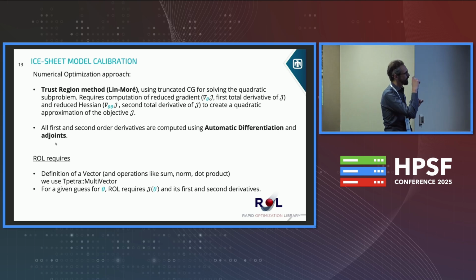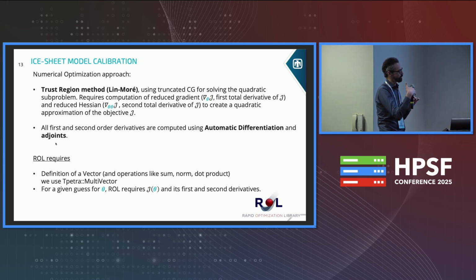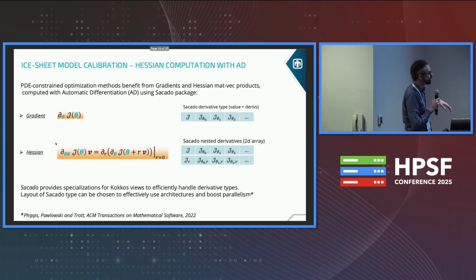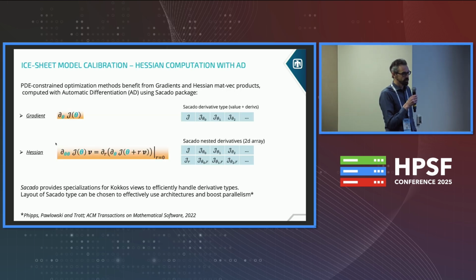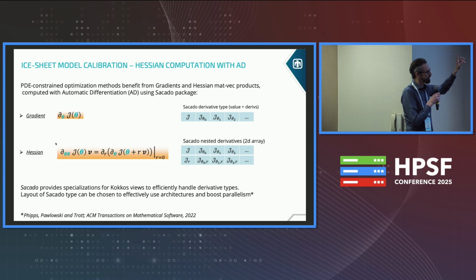And then, essentially, for every guess of the parameter theta, ROL requires you to evaluate your functional and the derivatives of the functional. The way we compute these derivatives is with automatic differentiation, in particular with the package Sacado, which is mainly developed by Eric Phipps.